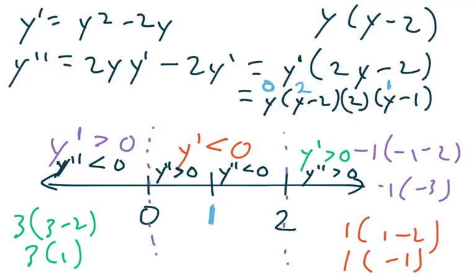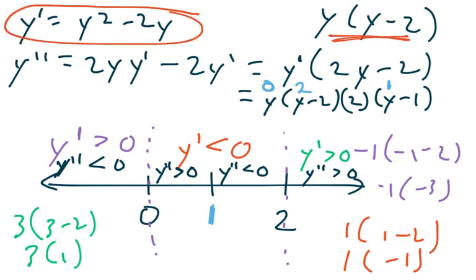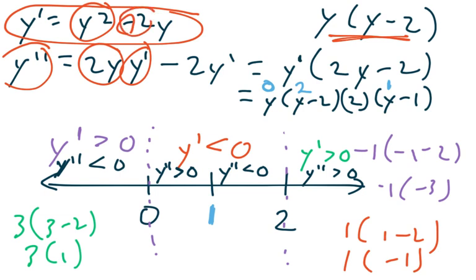We've got to take the second derivative, right? So our first derivative was y squared minus 2y. I went ahead and just multiplied it out, right? y squared minus 2y. And now that's going to make the second derivative a little bit easier. I know the derivative of y squared is 2y y prime, minus 2y, when I take the derivative, is simply minus 2y prime again, right?